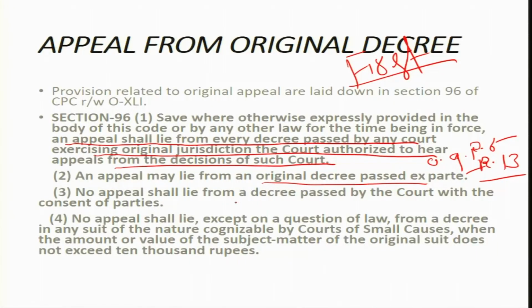No appeal shall lie from a decree passed by the court with the consent of parties. If there is a decision based on mutual understanding, normally what happens in Lok Adalat, the parties mutually decide their case. You can also get your case referred from the original civil court to the Lok Adalat.